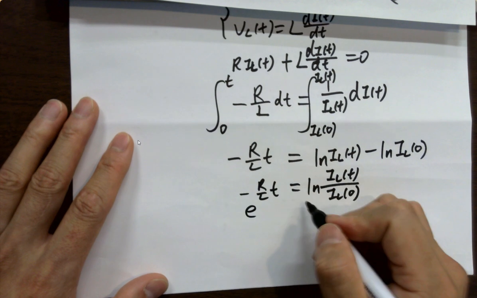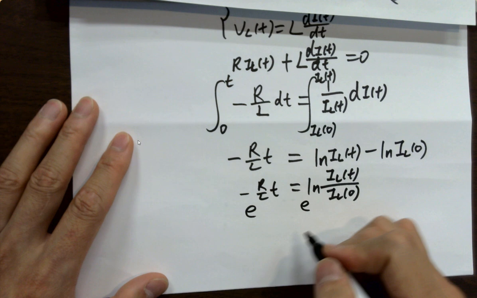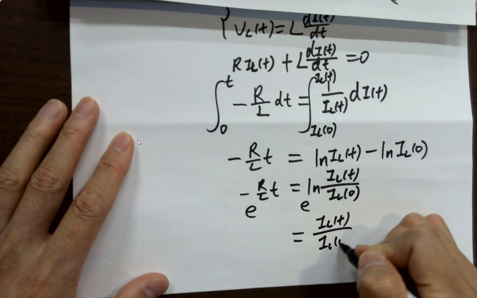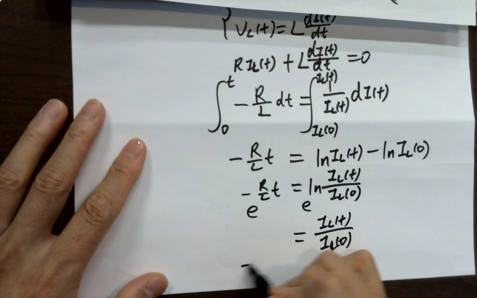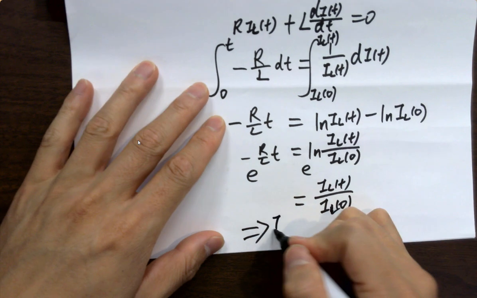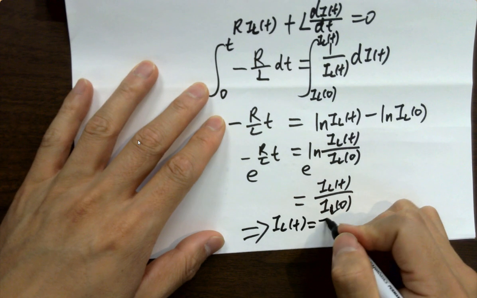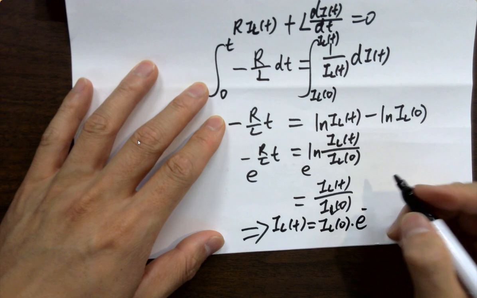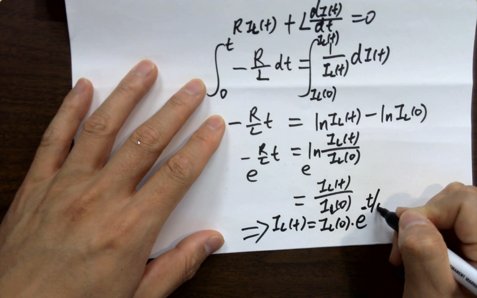To ease the exponential, you're getting i_L(t) over i_L(0). Eventually, we're getting the natural response for the inductor, which is i_L(t) equals i_L(0) times e to the negative t over what? L over R.